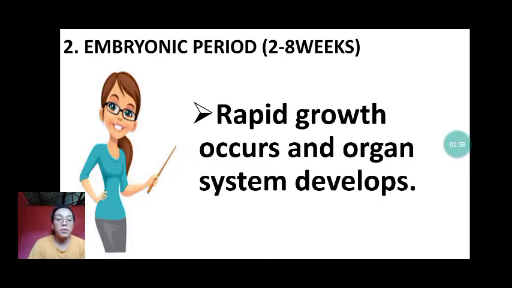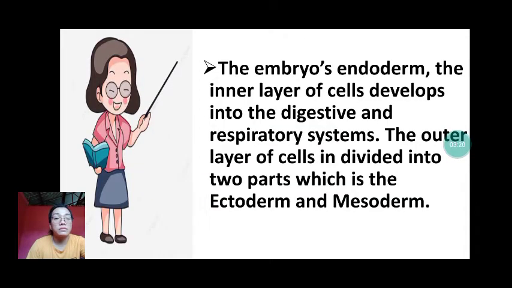So, the next is the embryonic period, the second stage. It lasts from implantation, 2 weeks, until 8 weeks of pregnancy. In this stage, rapid growth occurs and organ systems develop. The embryo's endoderm, the inner layer of cells, develops into the digestive and respiratory systems.